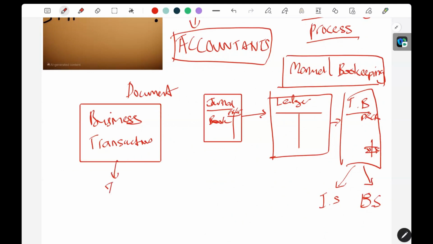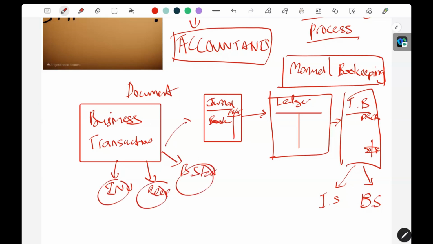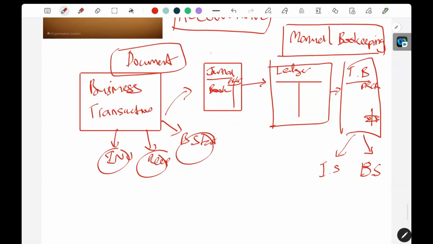You got the invoice, you got all the receipts, you got the bank statement. These are all the documents. Then later you will classify them into the journal, and from here onwards, it is called the manual bookkeeping. Okay.